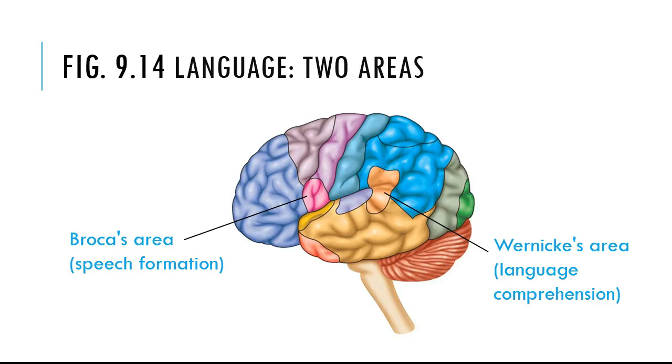By contrast, Wernicke's area is adjacent to the temporal and the occipital, and it would be in the parietal lobe mostly.